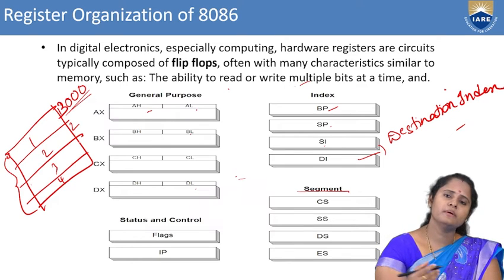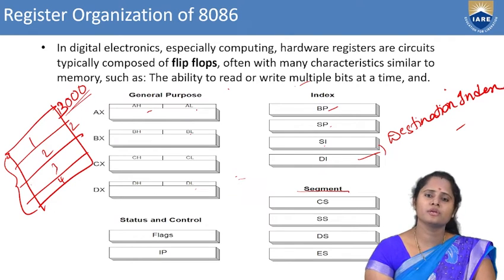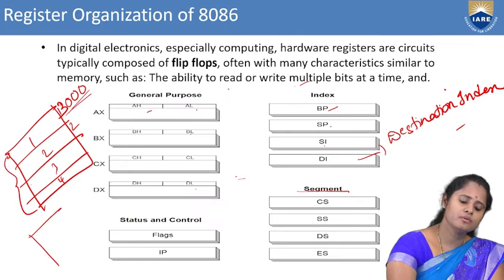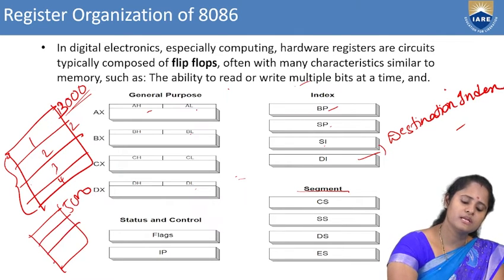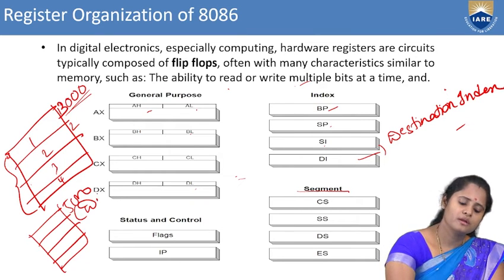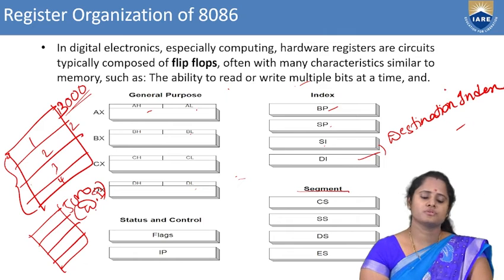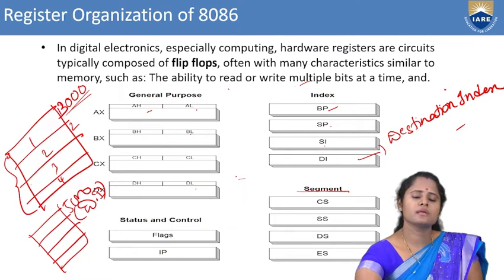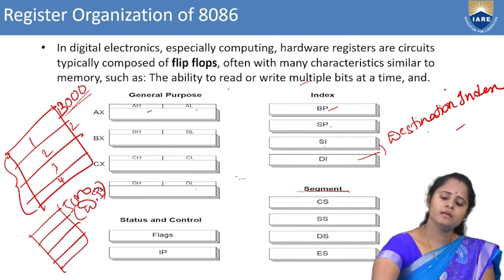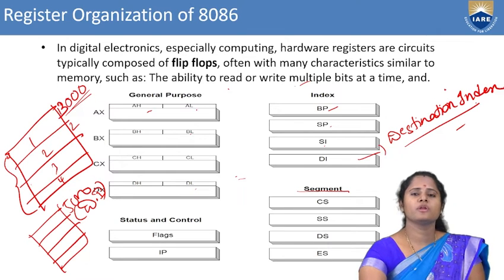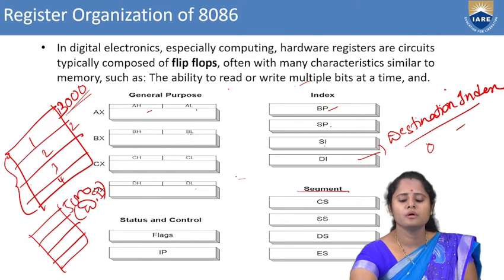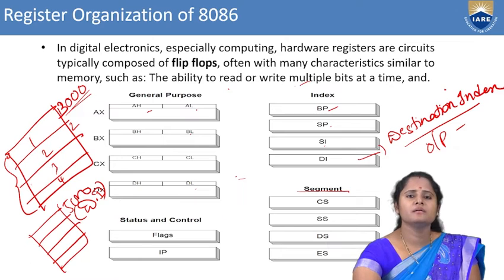I need to see my data in some other memory location, like 5000. So this 5000 address is called the destination location. This location can be given by the DI register. So in order to see my output, I need to assign the memory location to destination index.